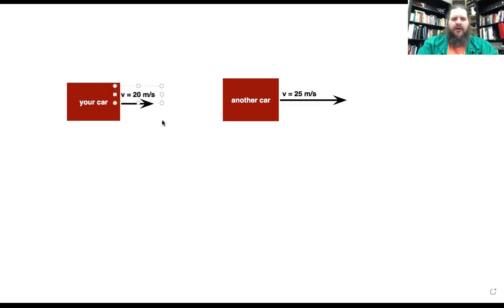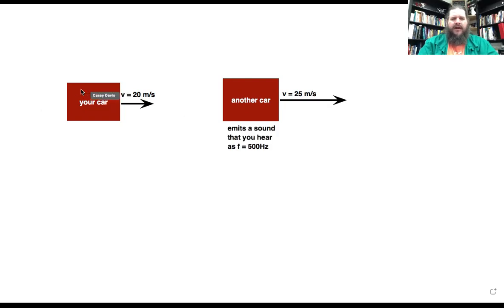And let's say the other car is emitting a sound. And you hear the sound at a frequency of, let's say, 500 hertz.